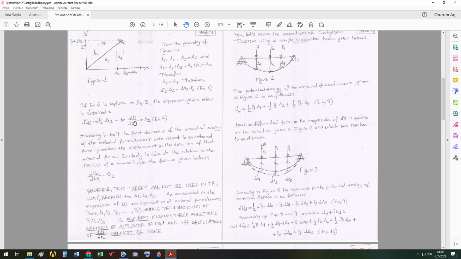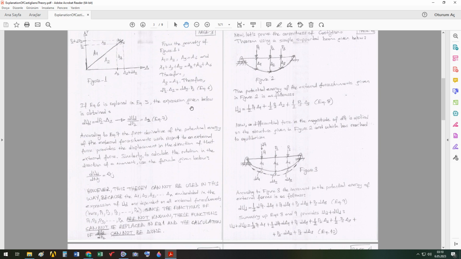Sorry, there is a mistake here. Since the functions of P1, P2, P3, Pn, it should have been delta 1, delta 2, delta 3, delta n, because these functions are not known. As a result, I will summarize here.